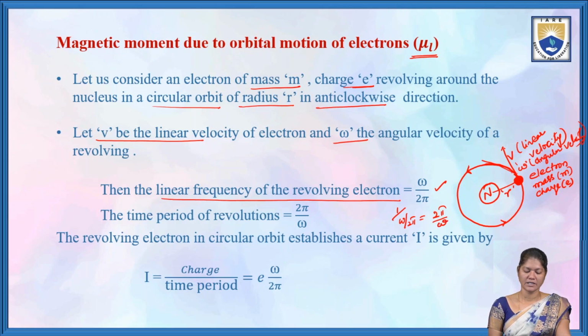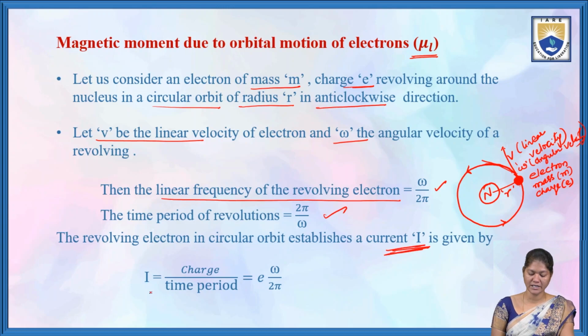The revolving electron in a circular orbit establishes a current I. When the electron revolves around the circular orbit, it establishes a current.